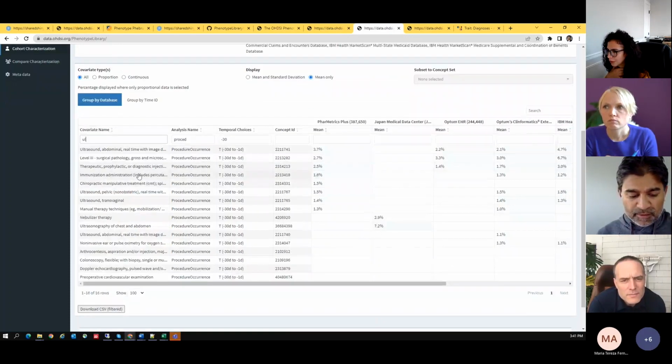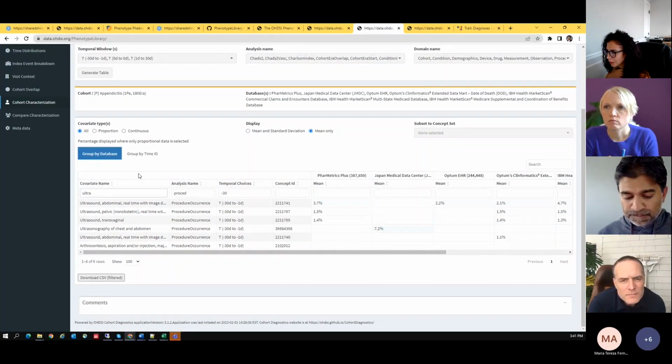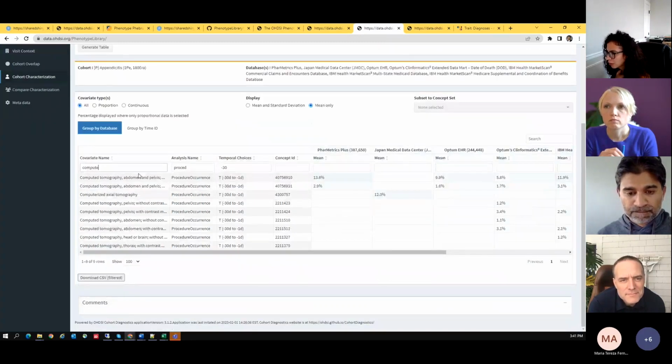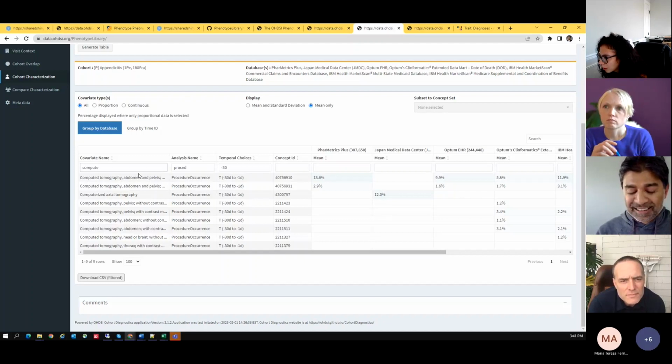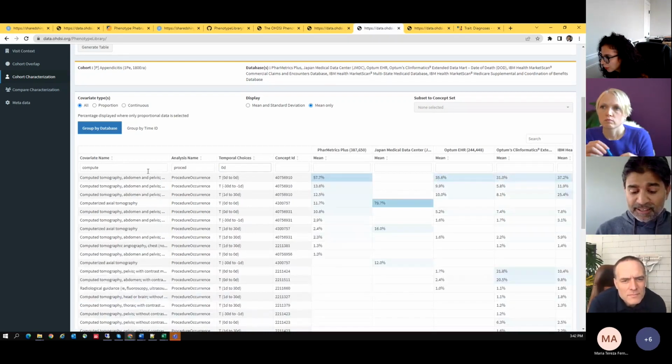Ultrasound will give you a fast diagnosis, but most surgeons that I know of at least won't operate without CT. In all these data sources, we are seeing that computerized tomography is much higher than ultrasound. So you see 13%, and we are looking at the minus 30-day window. If I restrict to this, there is 57% and 78%.